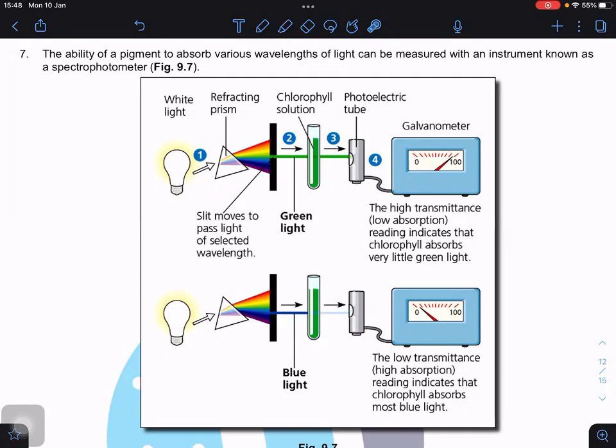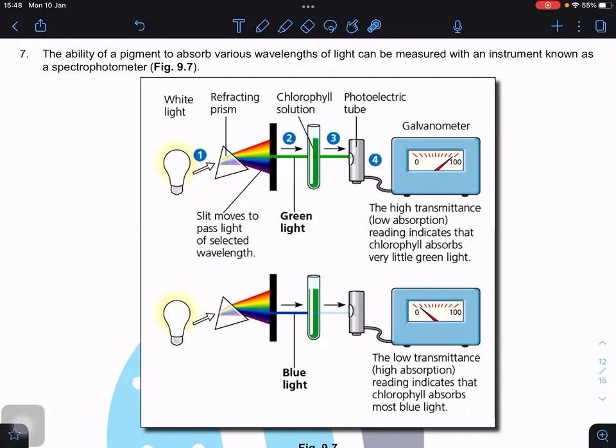So if you think back, if you wear a red shirt, it's not that you like red, it's because you reflect all the red. Correct? Physics. You get the idea? So the leaf is green because it reflects green. What do they absorb?